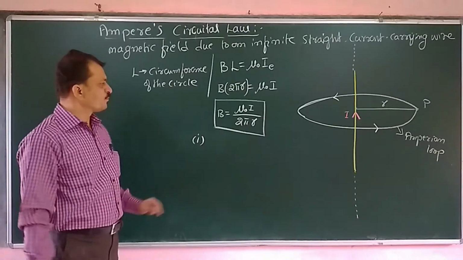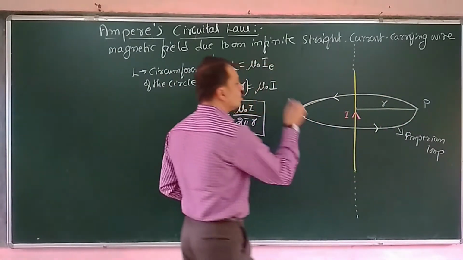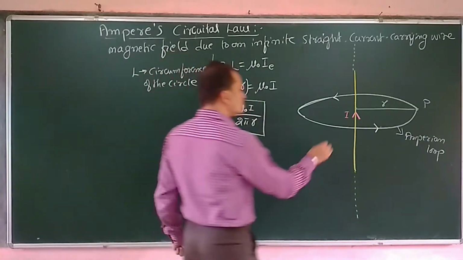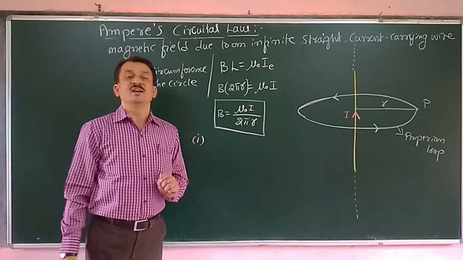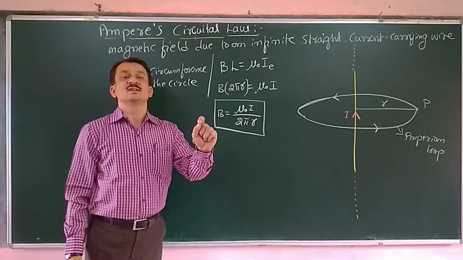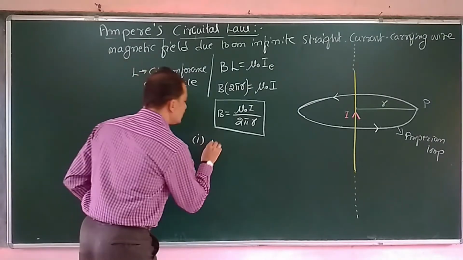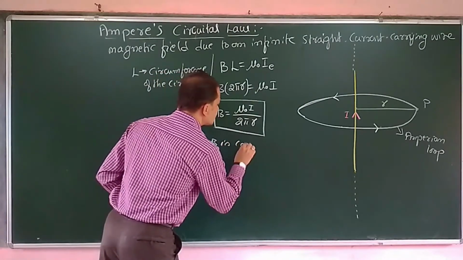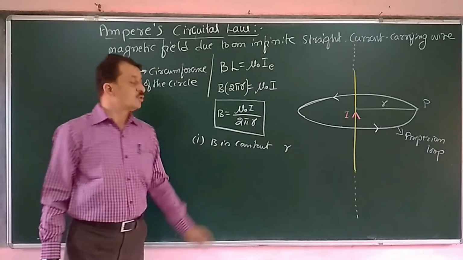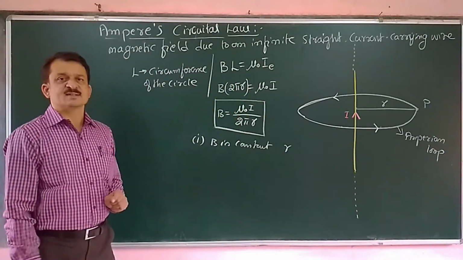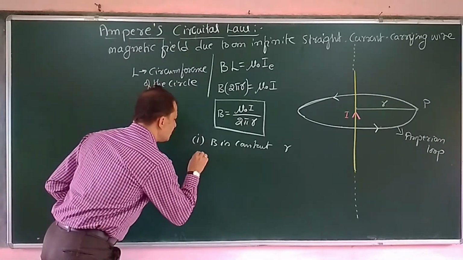The first point, if you choose any point in this circular loop, the magnetic field remains constant. So B is constant for a chosen value of the radius. Clear? This point.